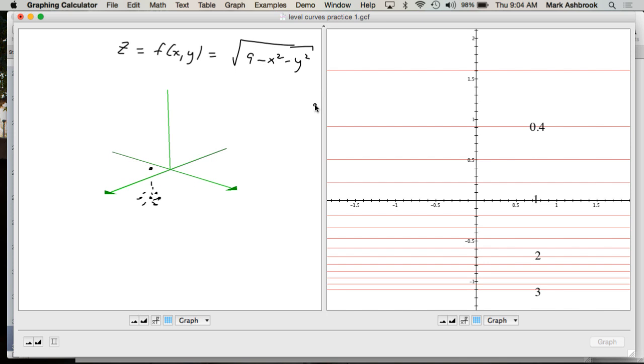Do you recognize what that would be? You should see it's the top half of a sphere, radius 3, because if you squared both sides and moved your x squared and y squared over, you'd have the equation of a sphere. So this would be the top half of a sphere.